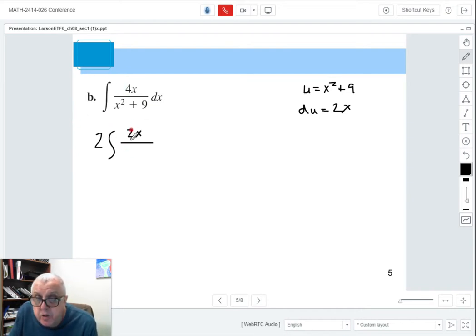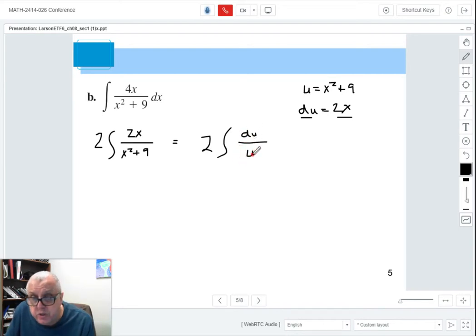And then I have x squared plus 9. Now, if I change this, it can be 2 integrating 2x, which is the same thing as du, and x squared plus 9 is u. So I'm integrating du over u. 1 over u is basically what I'm doing.